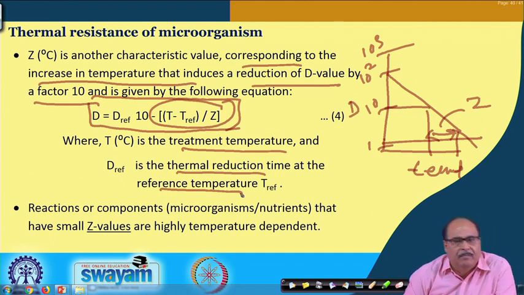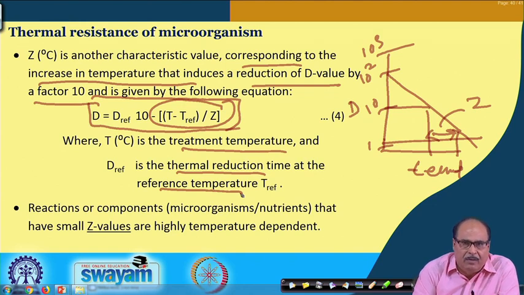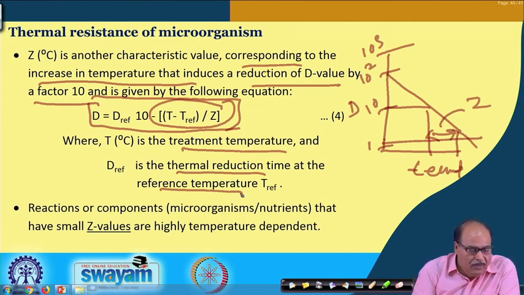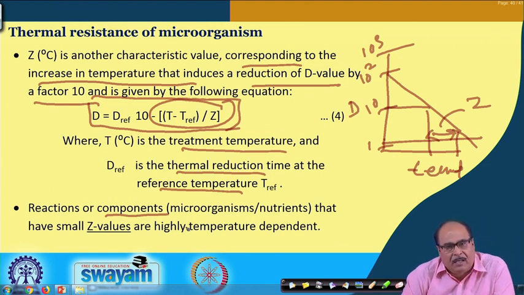And this Z value in fact is used: we can conduct the experiment, find out D value at different temperatures, and then these D values at different temperatures can be plotted and Z value might be found. This Z value gives a good indication about the thermal resistance of the microorganism.